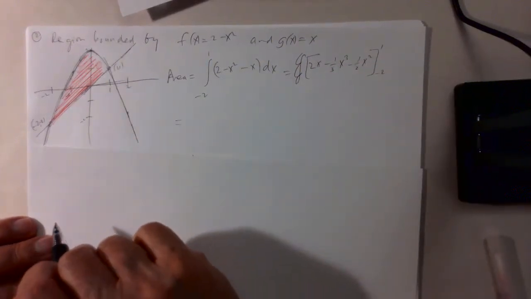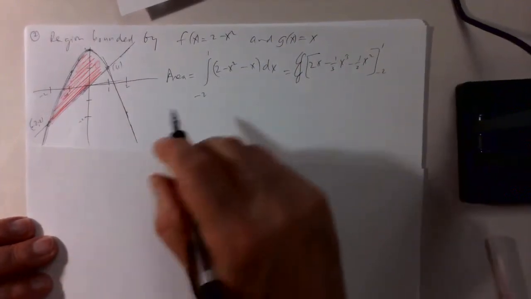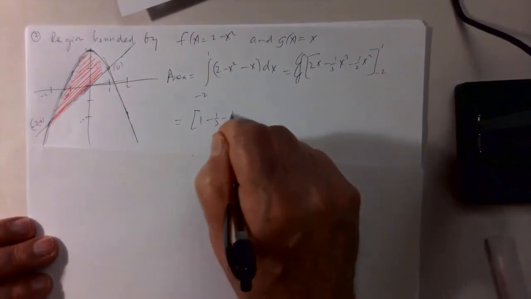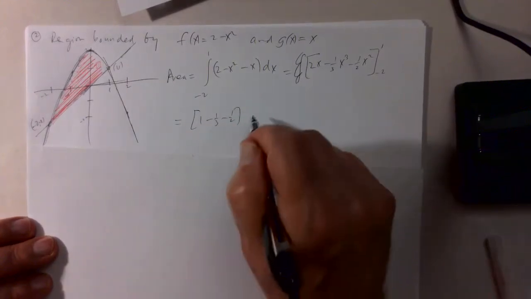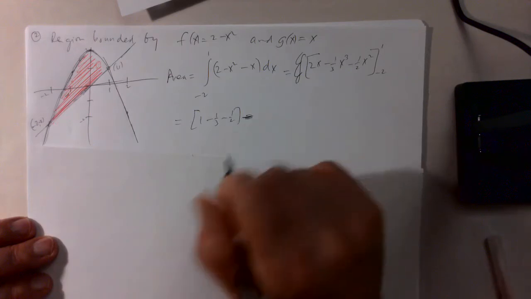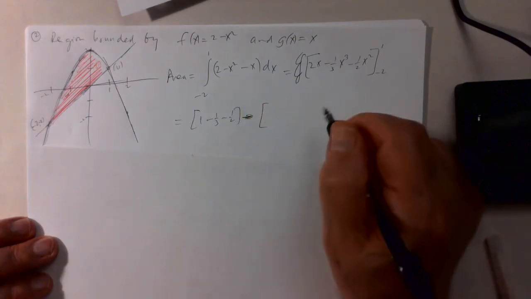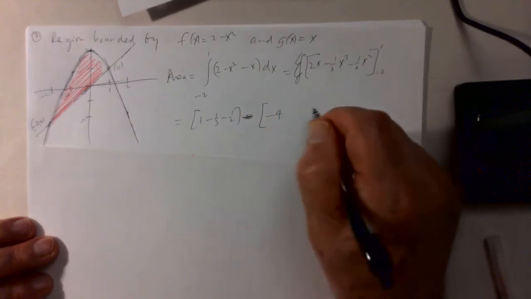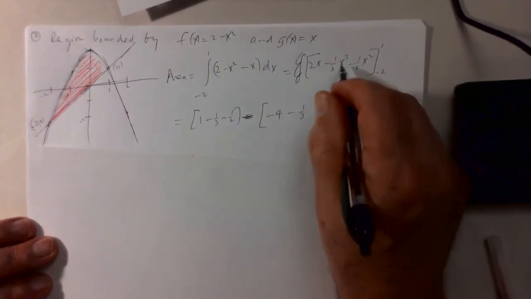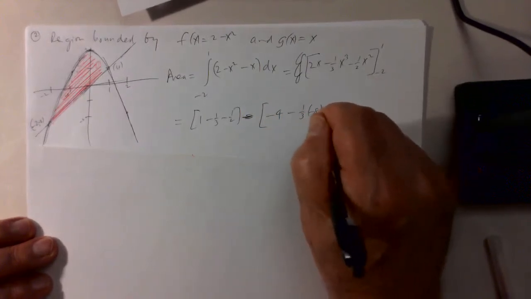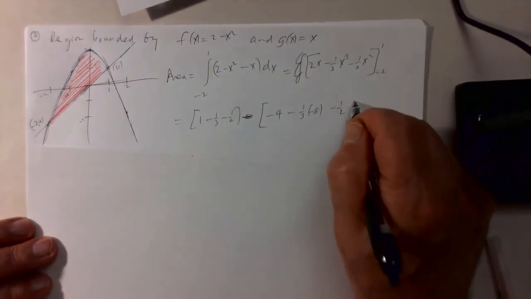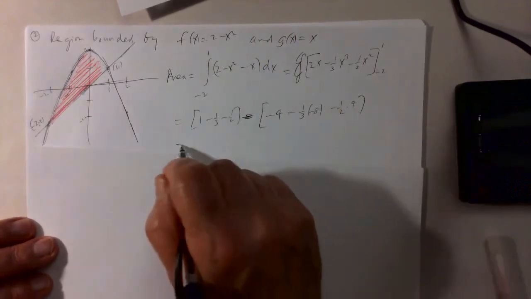What is that equal to? When x is equal to 1, that's 1 minus a third minus a half. And when x is equal to negative 2, I get 2 times negative 2 is minus 4, minus a third times negative 2 cubed, which is minus 8, minus a half times negative 2 squared, which is 4.